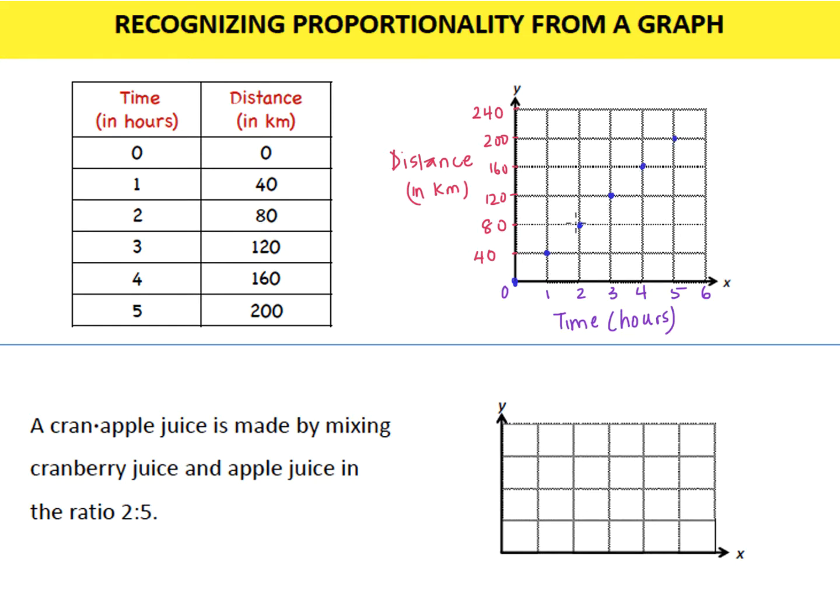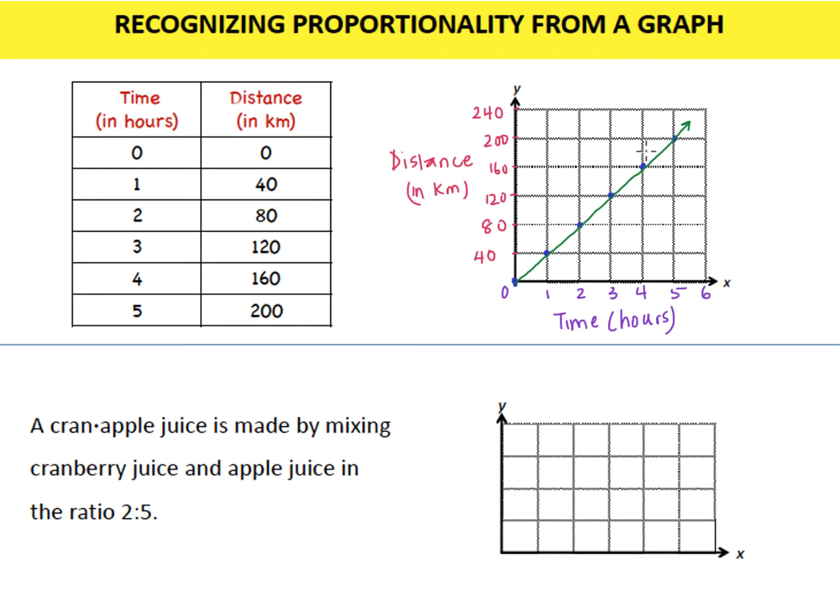Now when we actually join these points that we have plotted, and let me do my best effort at joining these points, you'll notice that this is what it looks like. Okay, this is not bad, and I'm going to draw an arrow to show that it keeps going on. So this is our first example.